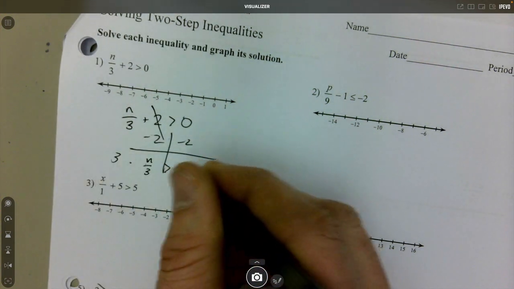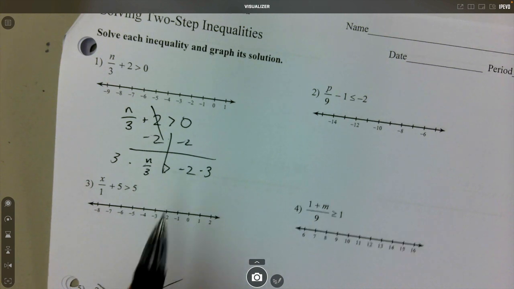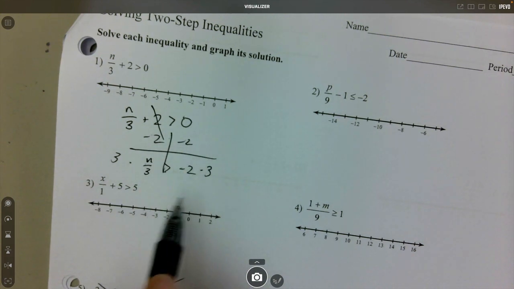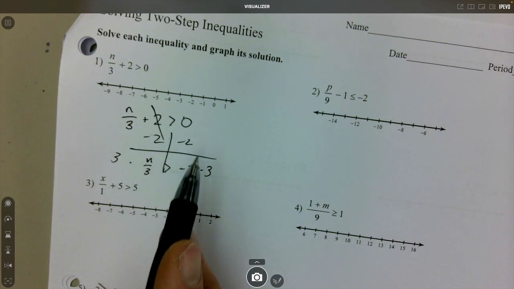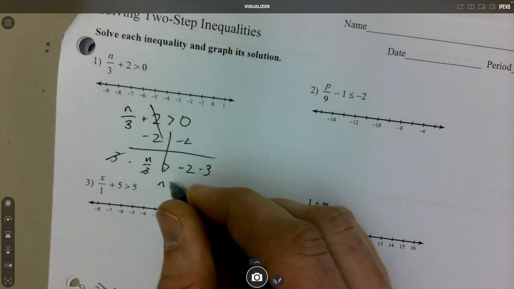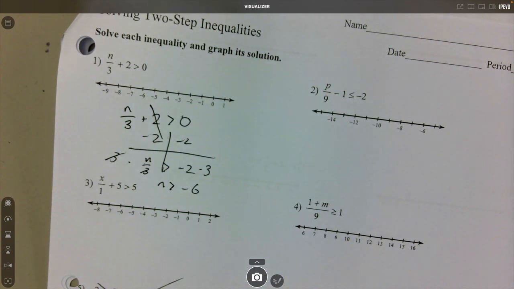Make sure on number 1 that your work looks similar to mine. If you don't have enough space to rewrite it, Aiden, you can get scratch paper, but if you do have room, go ahead and make sure it's set up like that. And it's bigger than -6.